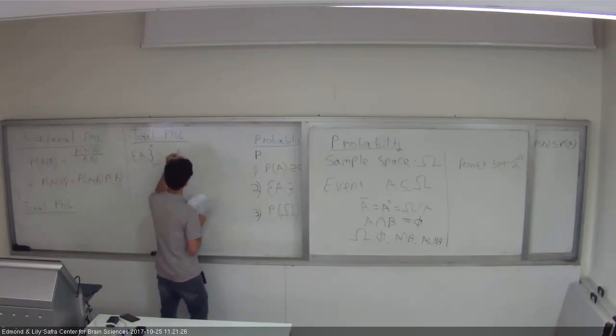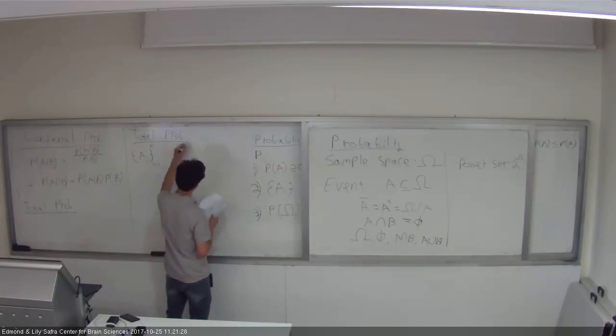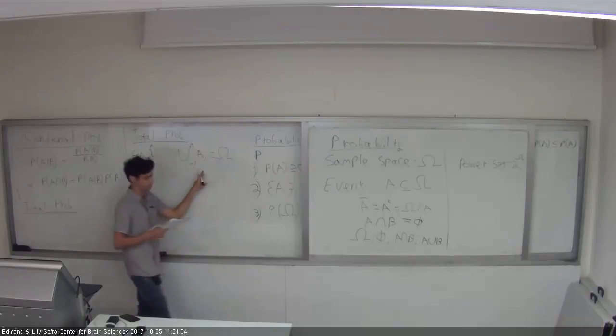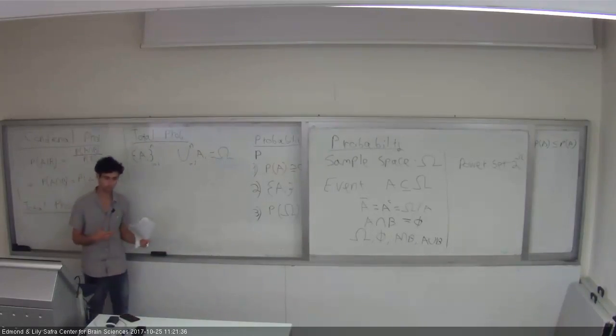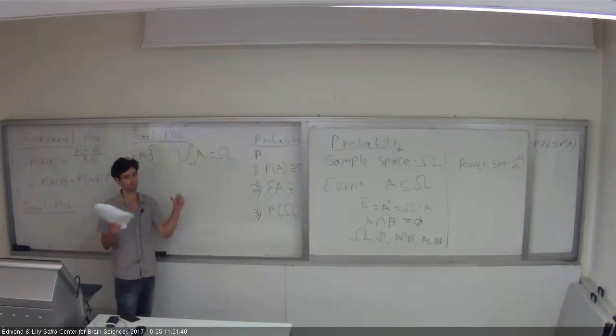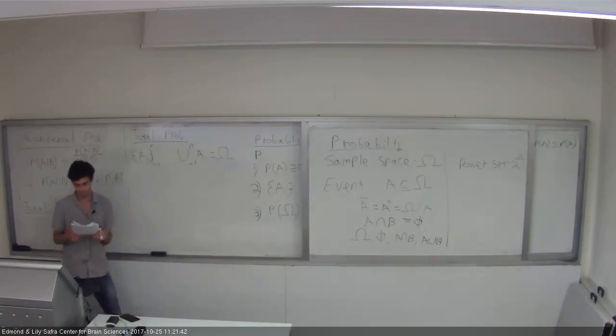So the union of all these events is omega. Basically they are disjoint, but they describe all of our world, all of our sample space.